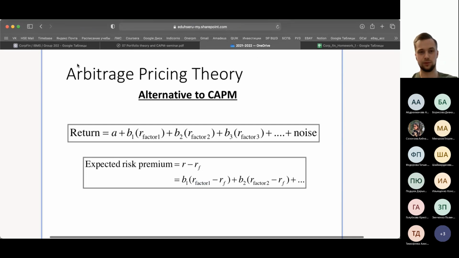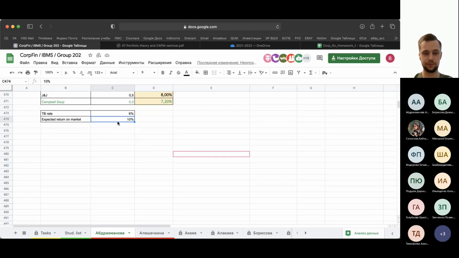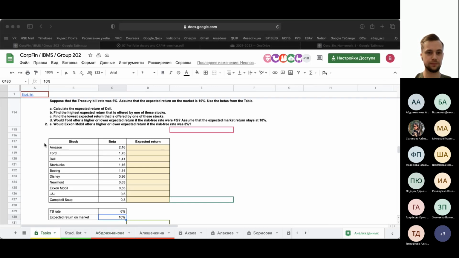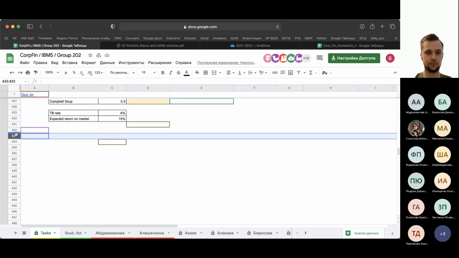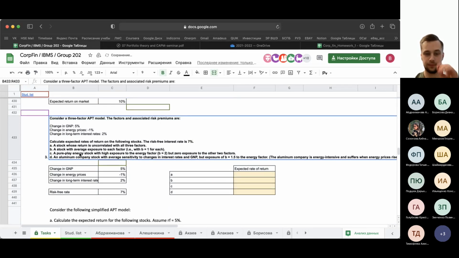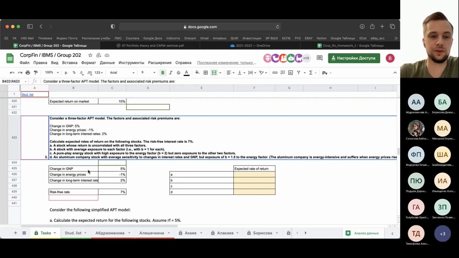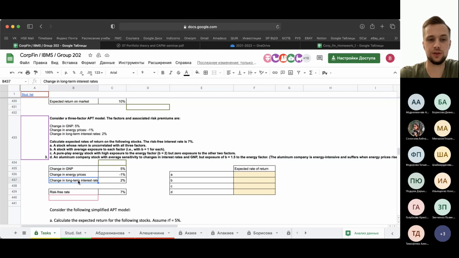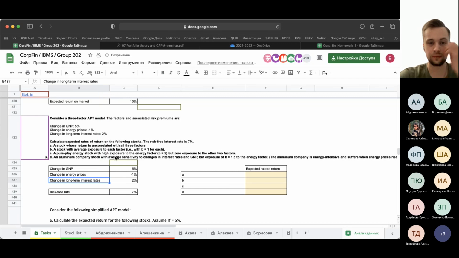Okay, let's try to solve a problem on this topic. I will copy two problems. One we're going to do now, and one you can try to solve at home. We have here three risk factors: change in gross national product, change in energy prices, and change in the long-term interest rates.